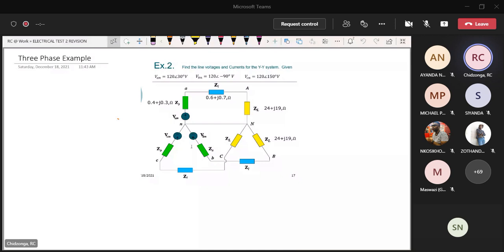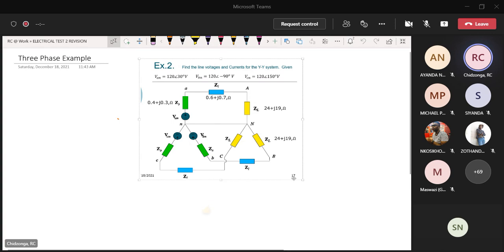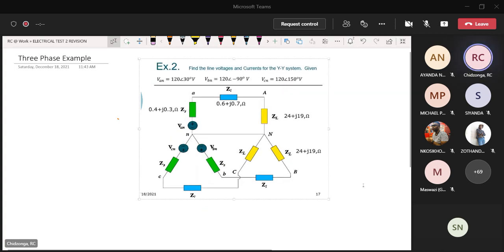So yeah, I was just explaining that this network is balanced. So when you are dealing with balanced networks, you can zero in on one phase for your analysis. You just consider what is happening in one phase.